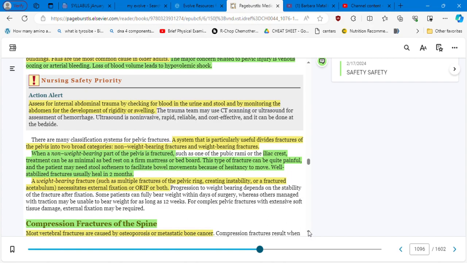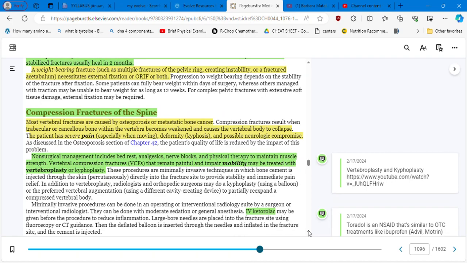Okay, so let's continue. Let's go to compression fractures of the spine. Most vertebral fractures are caused by osteoporosis or metastatic bone cancer. What happens is the trabecular or cancellous bone within the vertebra becomes weakened and causes the vertebral body to collapse.